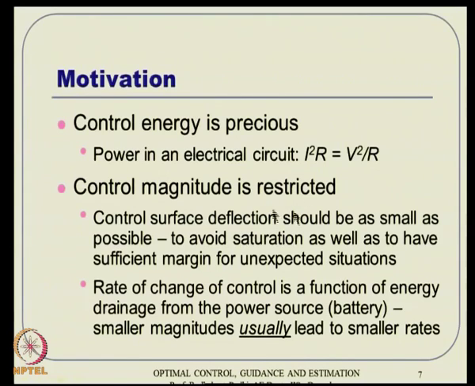So control surface deflection should be as small as possible, especially to avoid saturation, as well as we typically want to minimize that to have sufficient margin for unexpected situations as well.